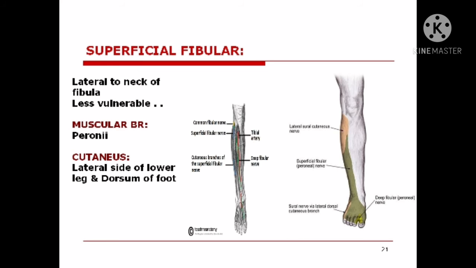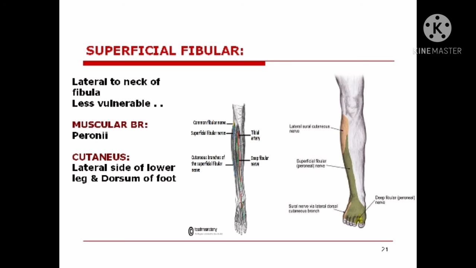Now the main stem of the common fibular nerve divides into superficial and the deep fibular nerve. The superficial nerve goes down and supplies the peroneal muscles, and the deep nerve goes down and supplies the extensor or the anterior muscles.